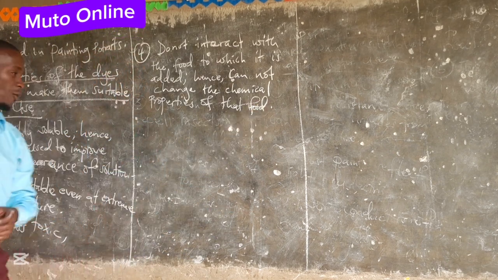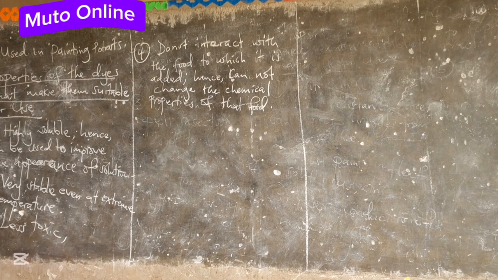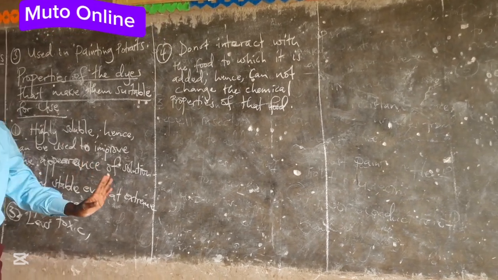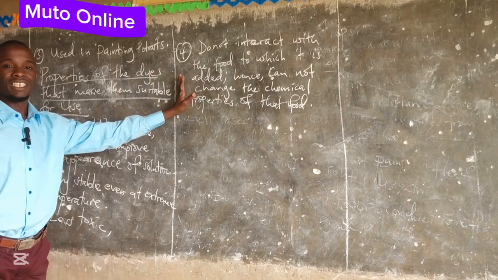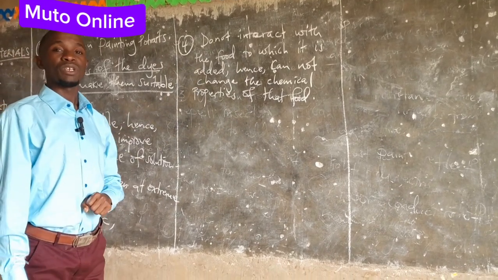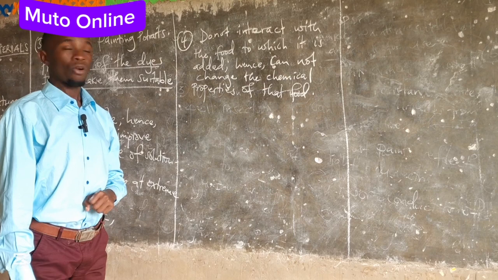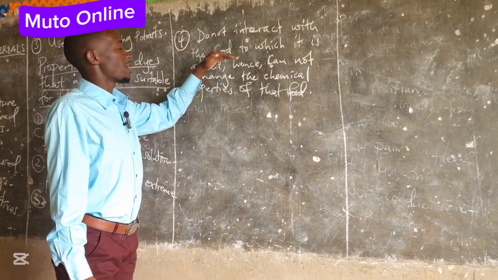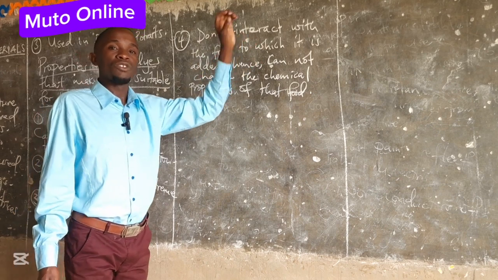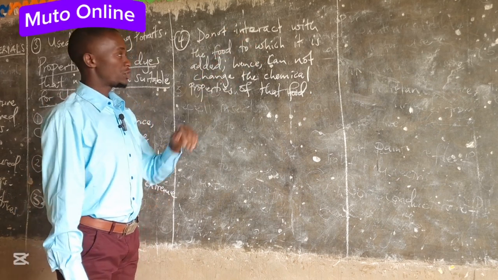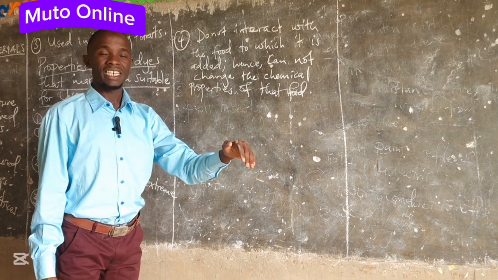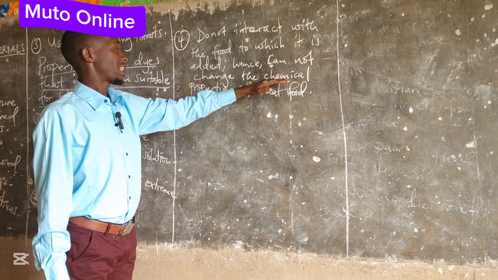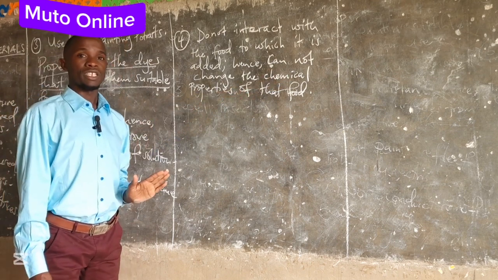So when you add curry powder, let's take an example, to any sauce, it will remain that sauce. It will not change. If you add it to beans, the beans will not become meat. Because the dye you're adding to that sauce cannot react with the food to form a new chemical species. So the dye remains that dye, and the food you've added it to remains that food. So the chemical properties of that food cannot be altered.